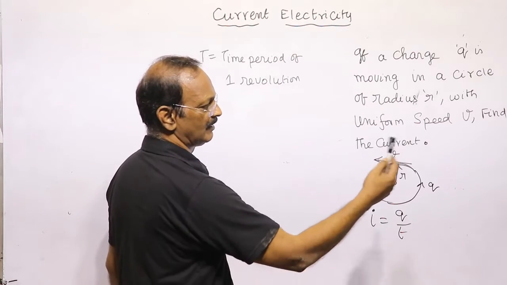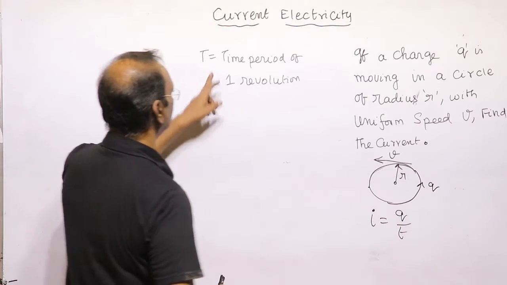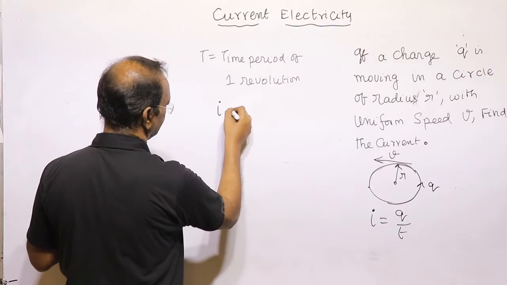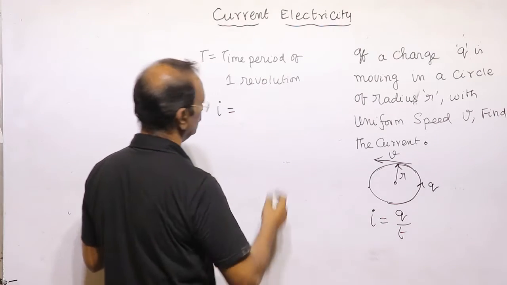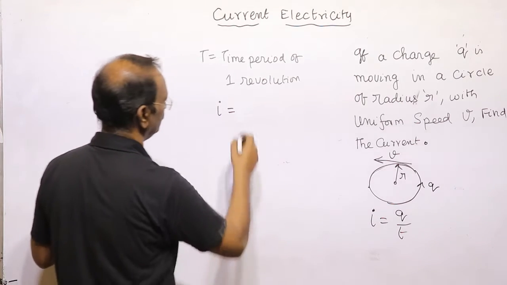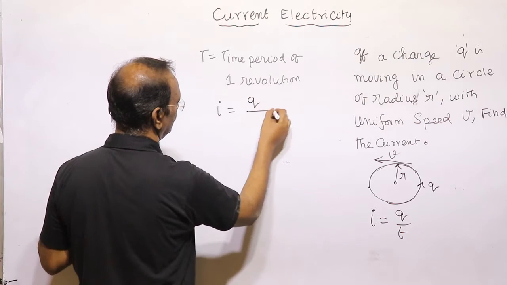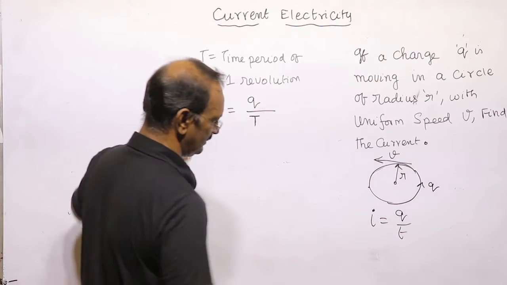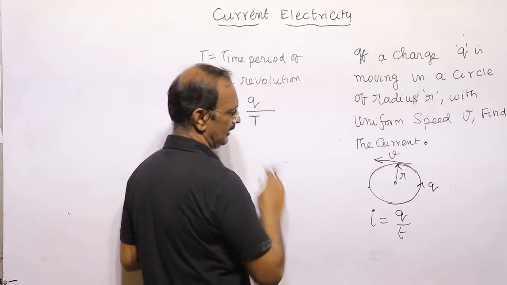The time taken to complete one revolution is called the time period. So current is equal to charge Q divided by T, the time taken to complete one revolution. In place of T, we will be using capital T.